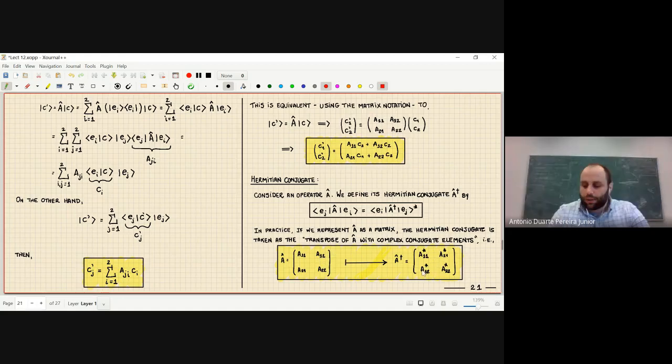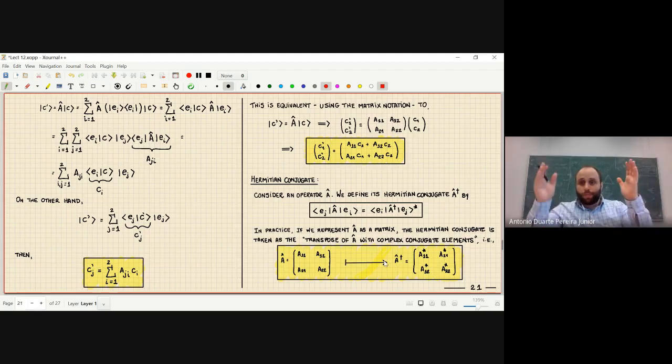So this is what I did. A11, A12, A21, A22. And then I take the complex conjugate of everybody. Okay? So this is how you obtain the Hermitian conjugate of a matrix A, which is denoted by A dagger.